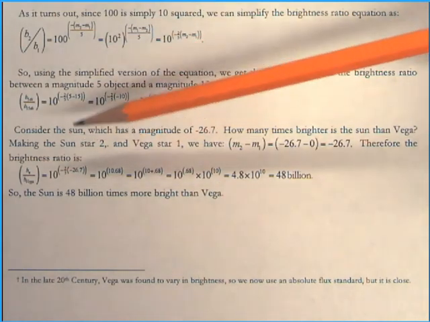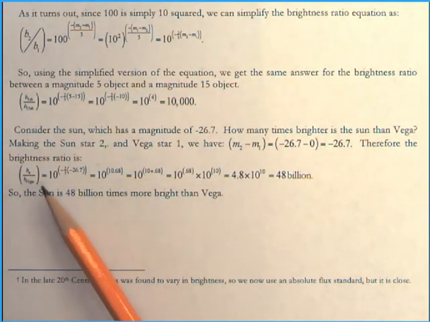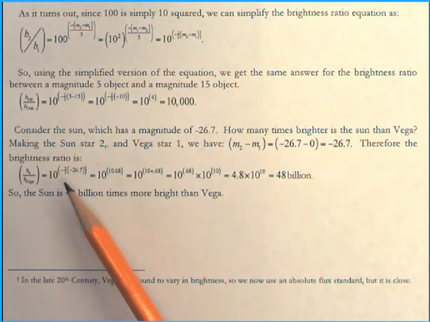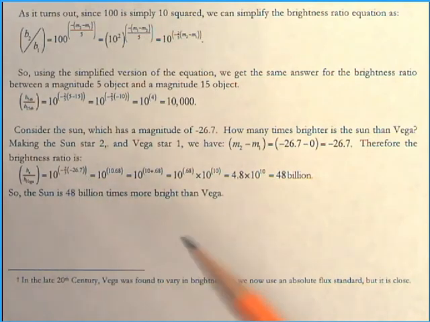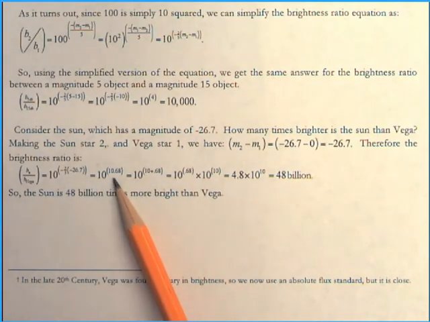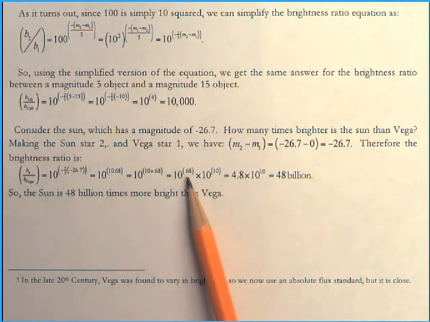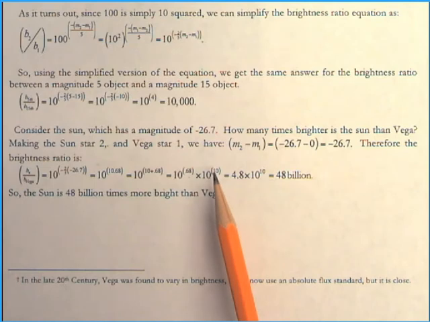Therefore, the brightness ratio, B of the Sun over B of Vega, is 10 to the negative 2/5 times negative 26.7, which is 10 to the 10.68, which is also 10 to the 10 plus 0.68, which is 10 to the 0.68 times 10 to the 10th.